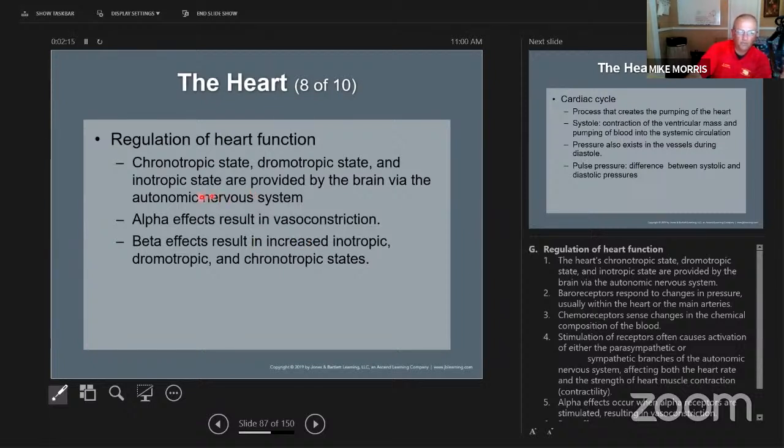And remember, beta 1 heart: the strength of the contraction or the rate of the conductive system coming down from the SA node is going to increase those impulses. By increasing those impulses, we actually increase the heart rate, and that's a chronotropic state.